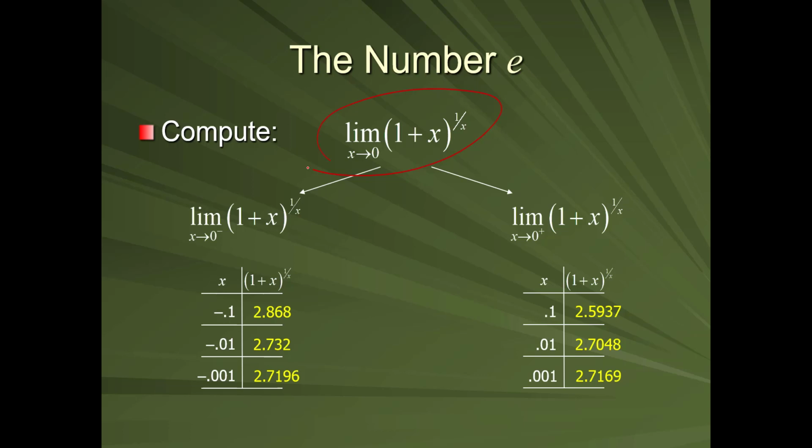You can try it in a calculator or Excel and see what this number gets to when x approaches 0 from both directions. Then this result approaches the Euler number, which is approximately equal to 2.718.